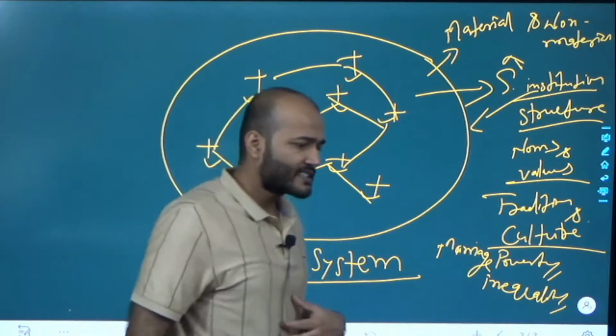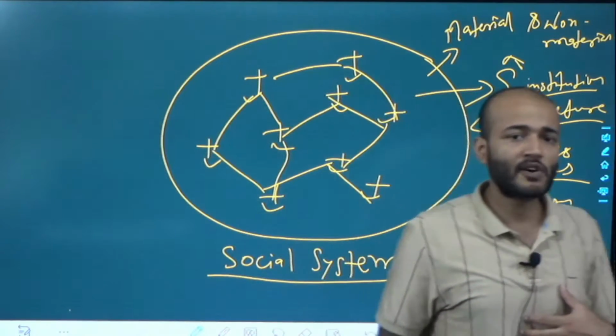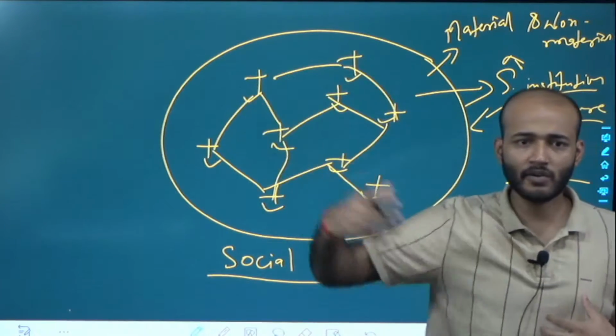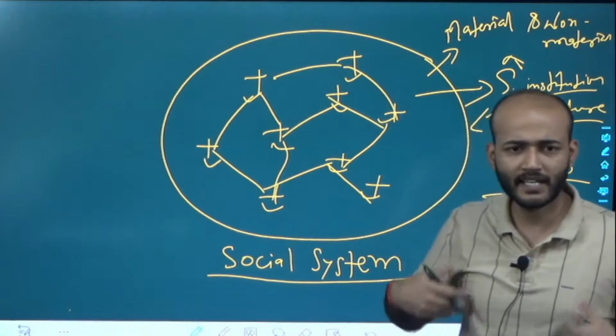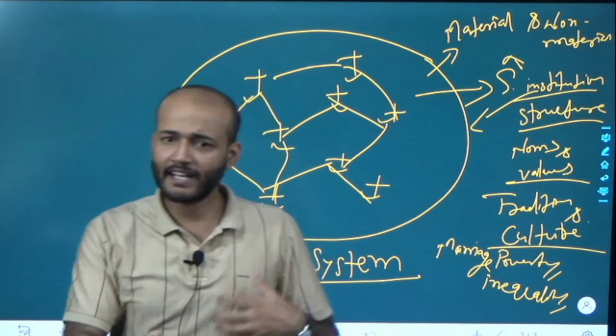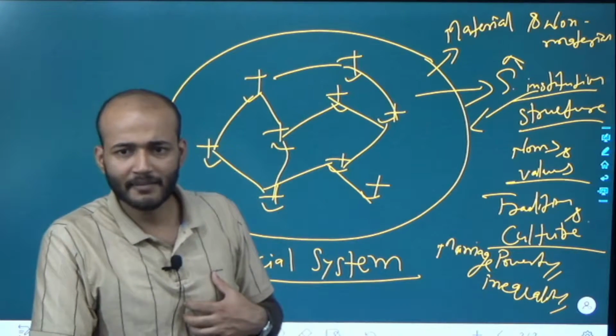The answer is that people have certain functional needs and goals, and to attain those goals they construct such rules and regulations so that they can fulfill their needs and demands.